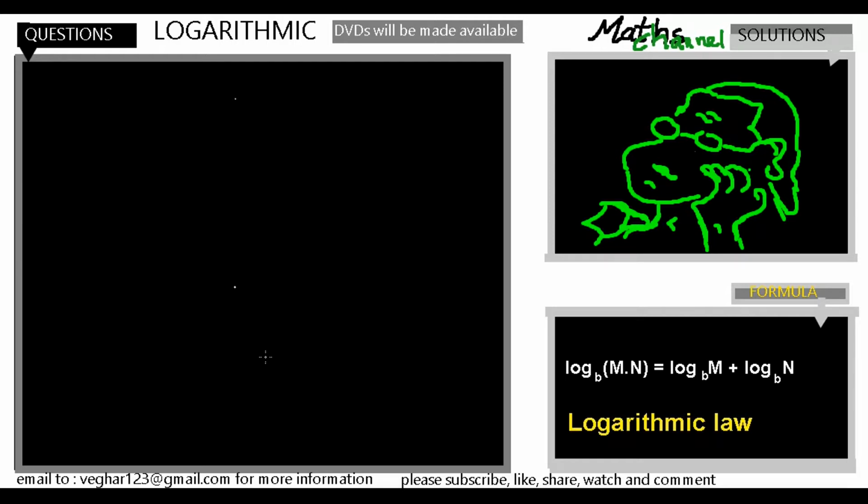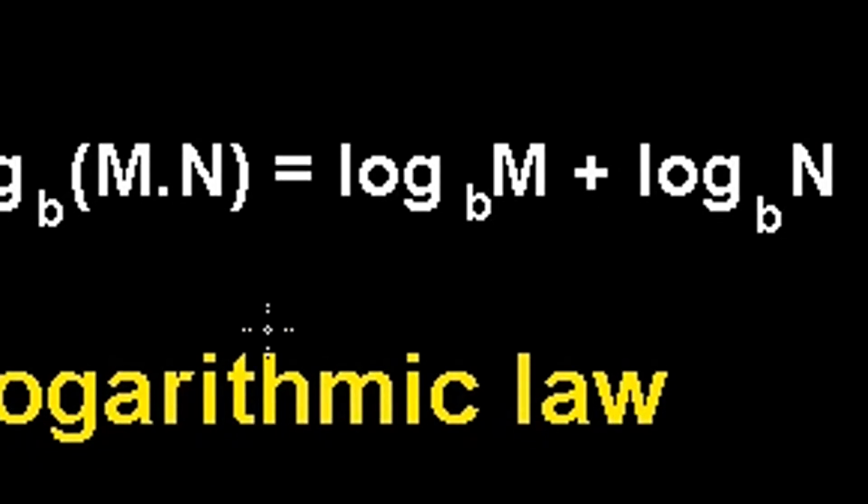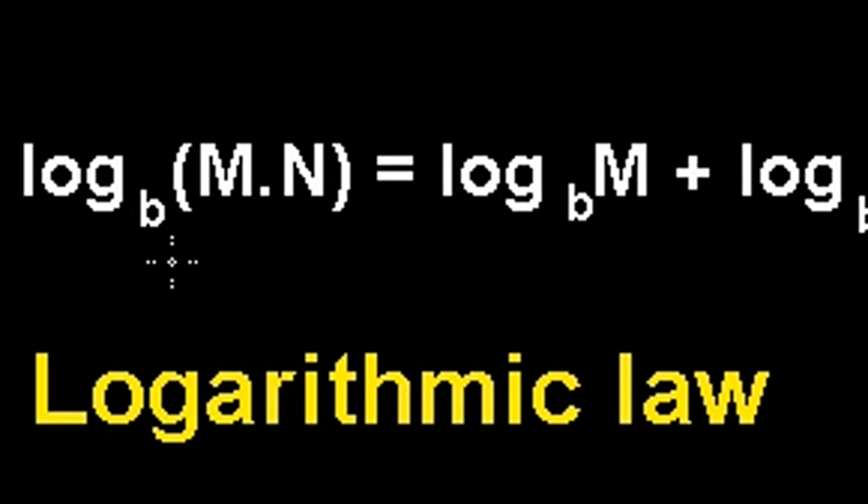So we have something like this, written log base a of m times n. This means times. We're looking at this formula of logs.